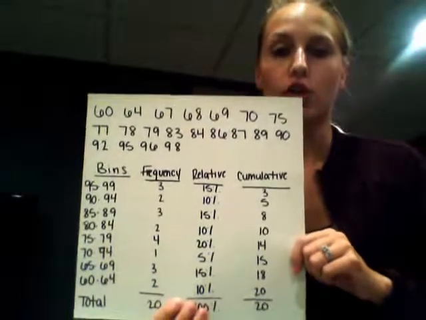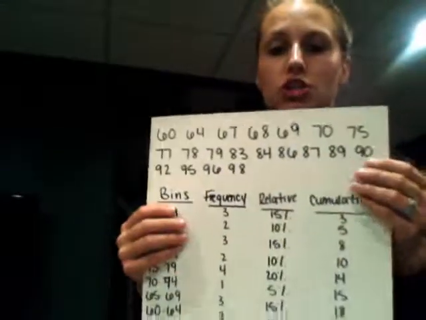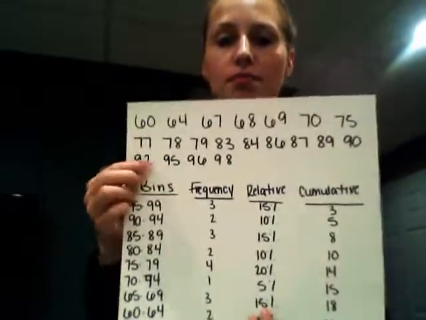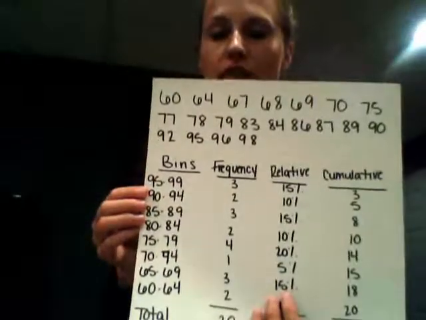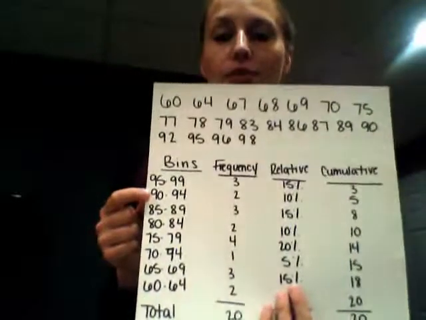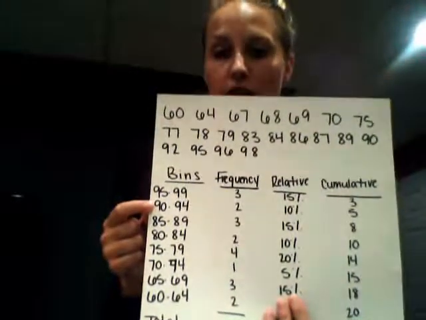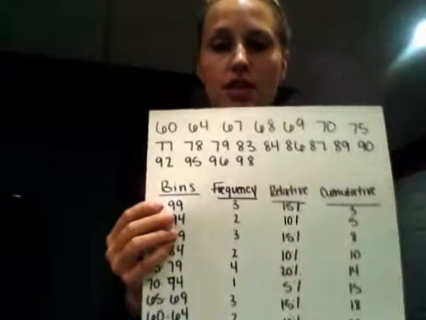And then to go over the cumulative frequency again, we're going to take the information for that specific frequency, and that's going to be 3. And then to do bin 90 to 94, we're going to add the preceding data, which is 3, plus the current frequency, and that's going to be 2. So you can see that here.